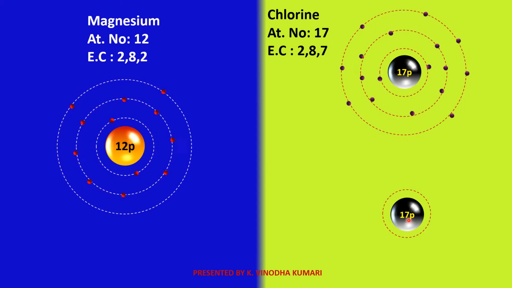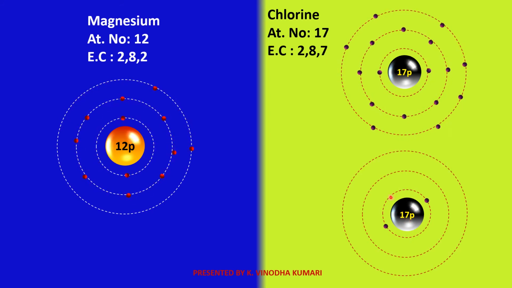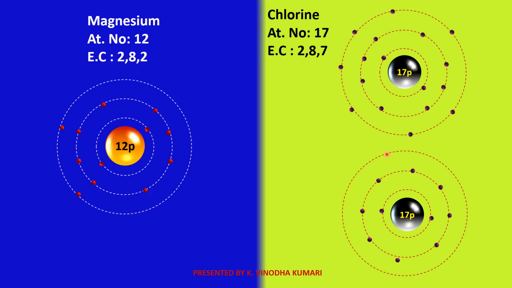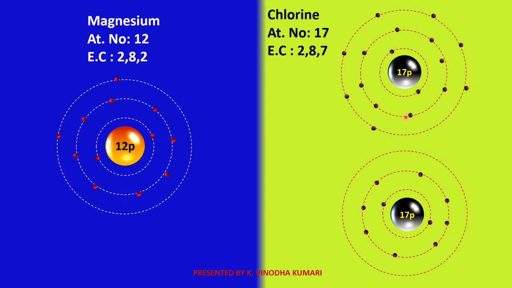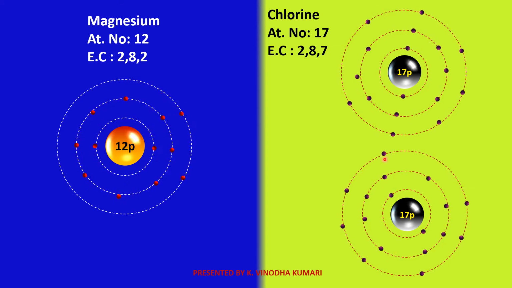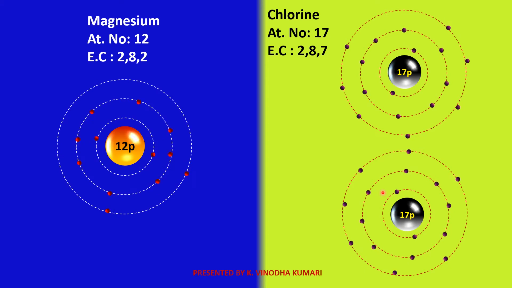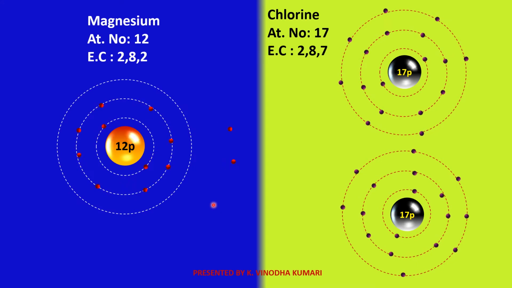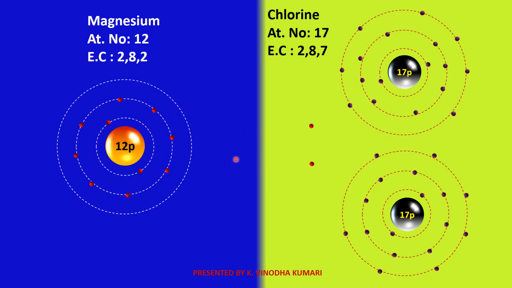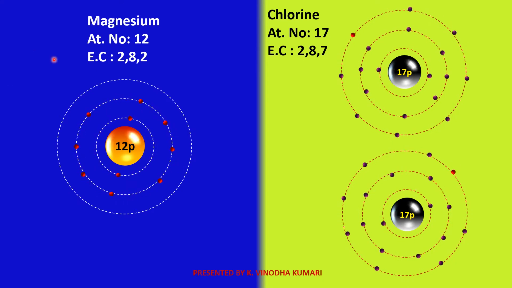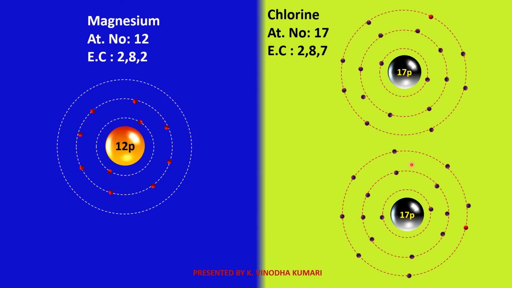This is the other chlorine, which has 2 electrons in the first shell, 8 electrons in the second shell, and 7 electrons in the third shell. So these 2 chlorine atoms can gain 1 electron each from magnesium, so that they form Mg plus 2 and 2Cl minus.